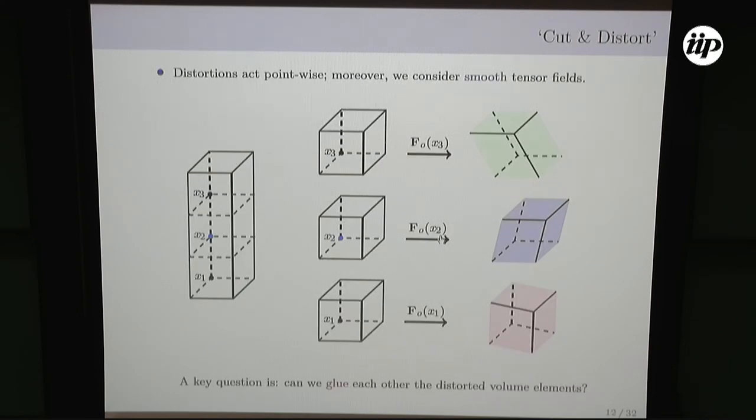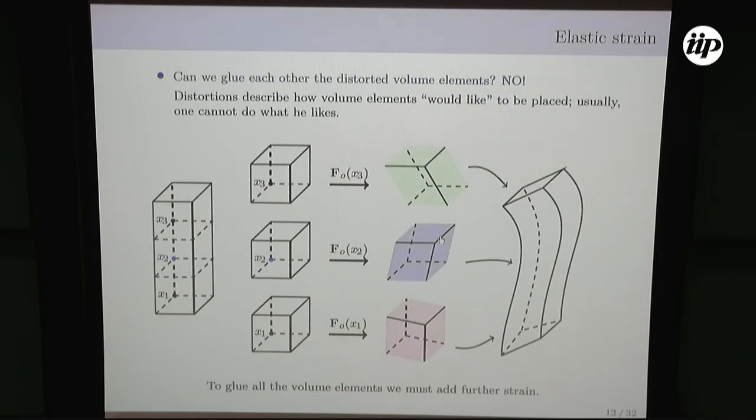And if I have a general field of distortion, what happens is that you distort in a different way different cubes, and then you cannot glue together the distorted cubes. So you induce an incompatible distortion. And if you want to have a continuum body, you have to add further strain.